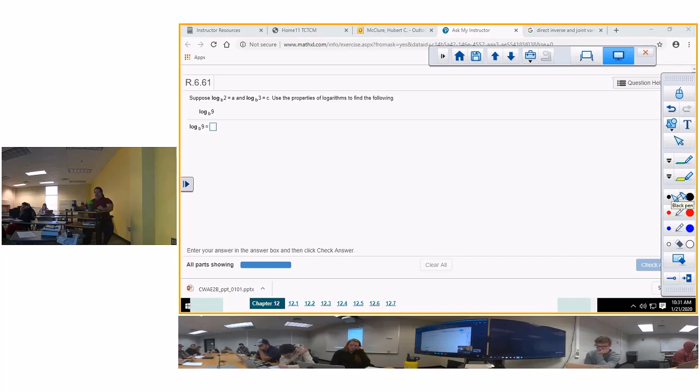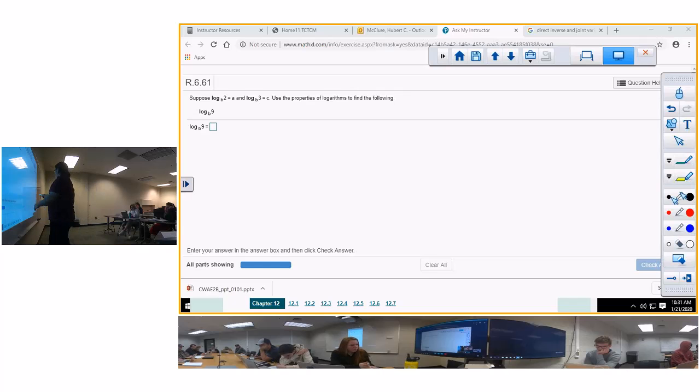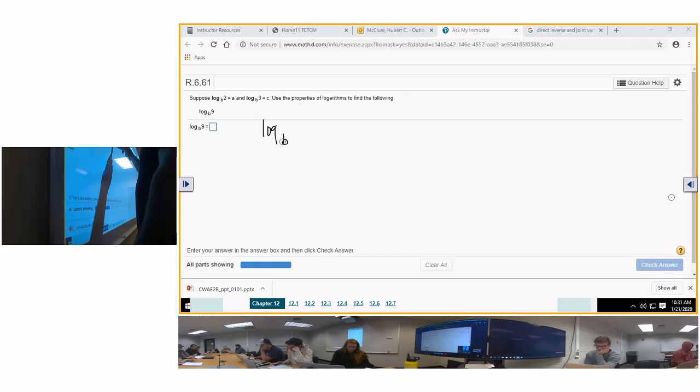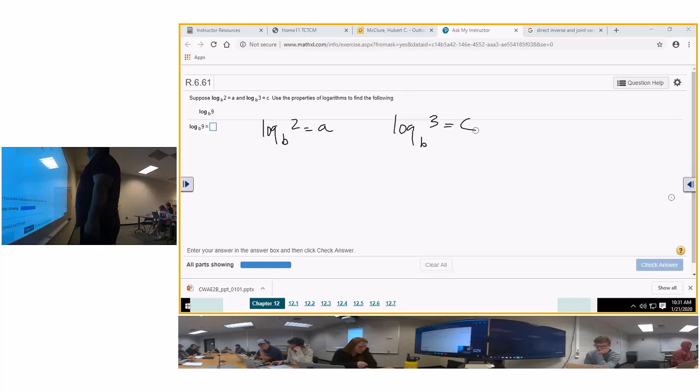This is not a problem I would give you on a test, because this is just semantics. This is not a problem that asks you to solve the equation or to rewrite the equation. This is just log base B of 2 is equal to A, and log base B of 3 is equal to C. And they're giving you log base B of 9.